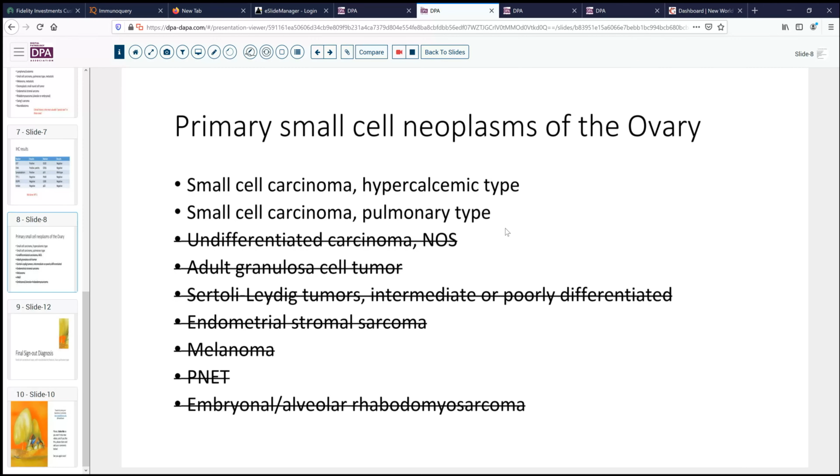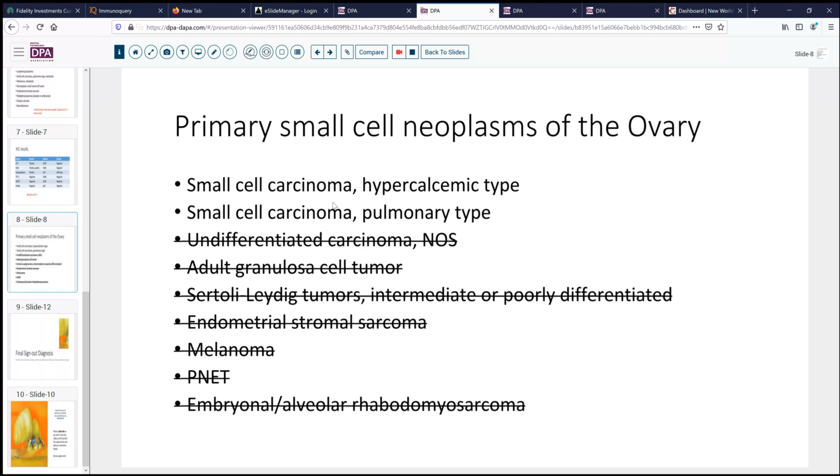As I mentioned, it is important to note that the small cell carcinoma of the hypercalcemic type may not actually be a carcinoma, but may rather be a germline-derived tumor that has essentially overgrown. That it's positive with some epithelial markers does not necessarily mandate that it's carcinoma, especially given some of the genetic data that's emerging.